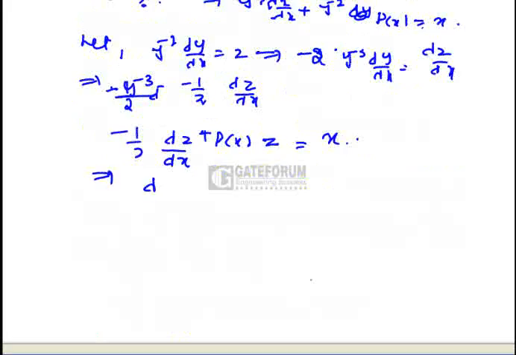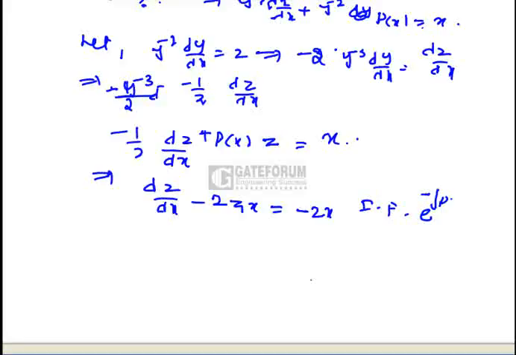Now this can be written as dz/dx − 2zx = −2x. Clearly it is in the form of a first order differential equation whose integrating factor will be e^(∫p dx).